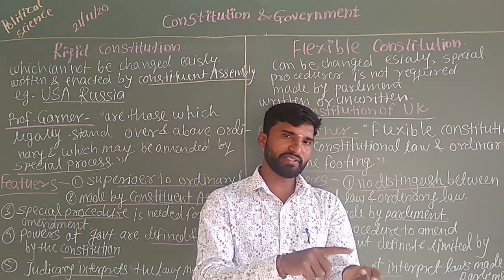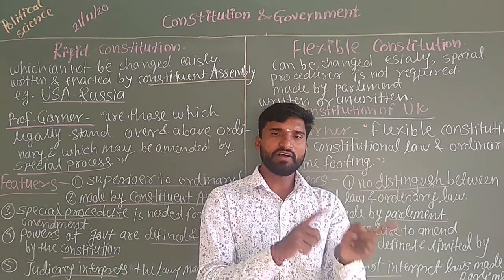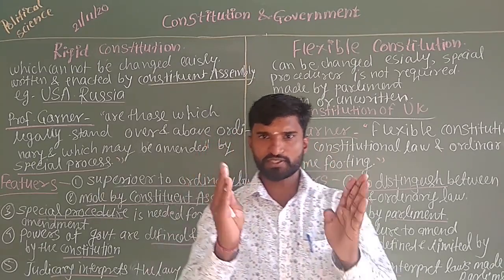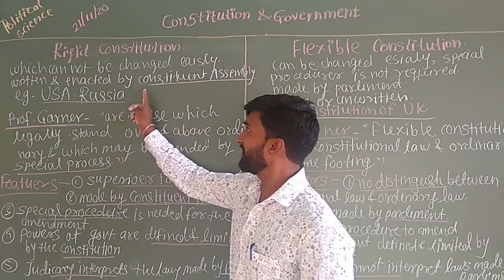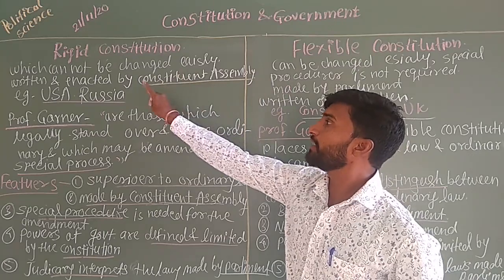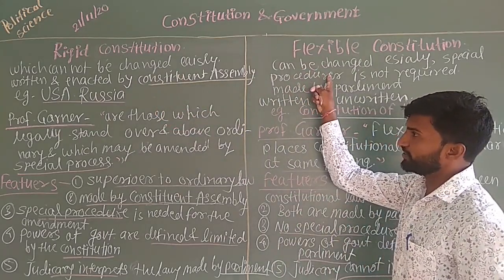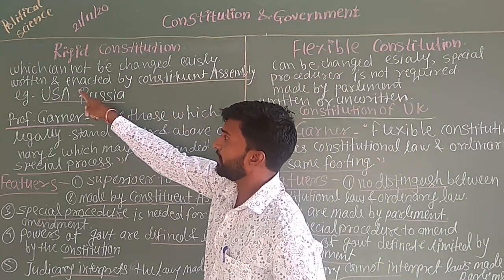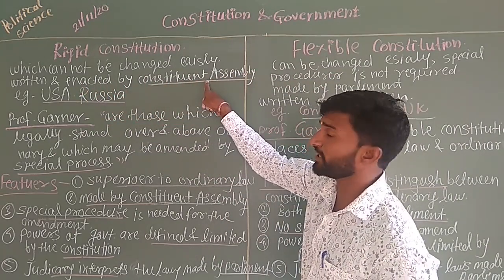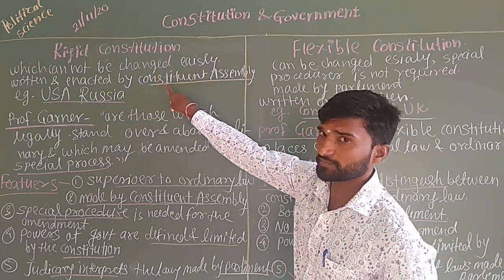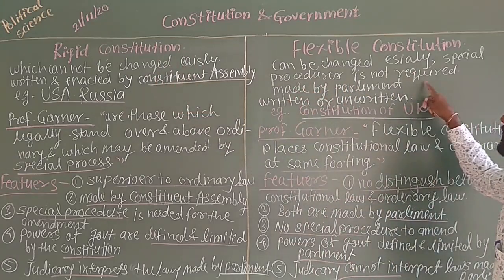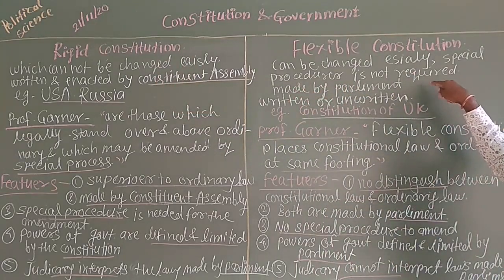Okay, so like written, unwritten, rigid, flexible, keep this in mind. A rigid constitution cannot be changed easily; a flexible one can be changed easily. The rigid one is written and enacted by the Constituent Assembly, and the flexible one is written and enacted by the Parliament itself.